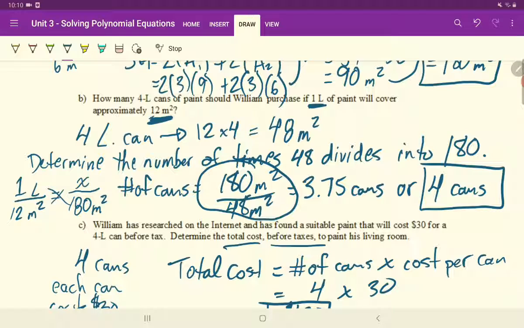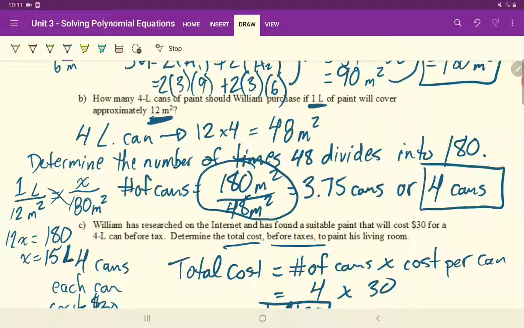So we have 12 times X, or 12X, is equal to 180. x is equal to, we need a total of 15 liters, right?